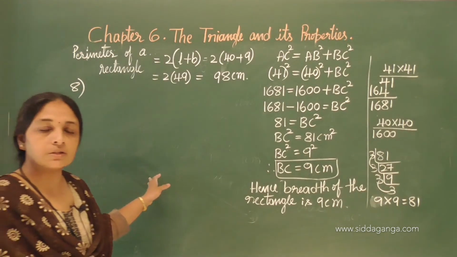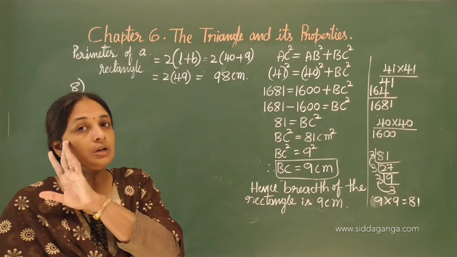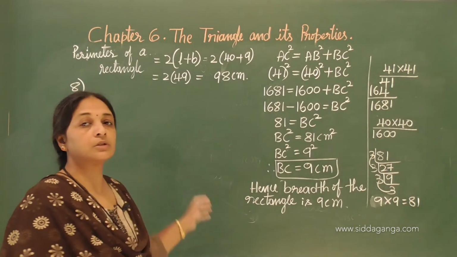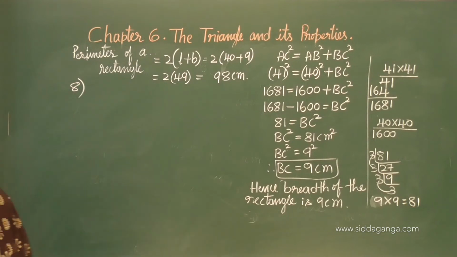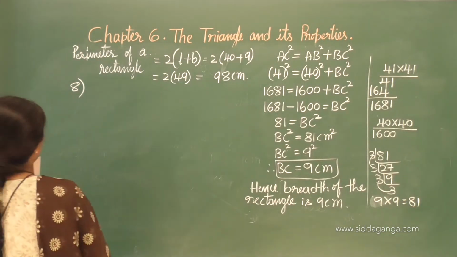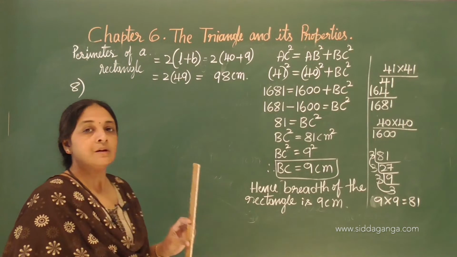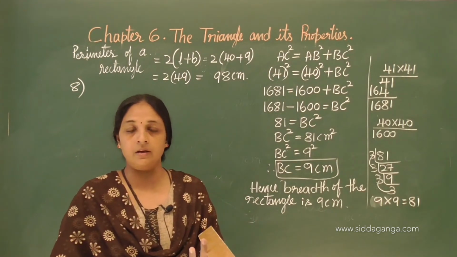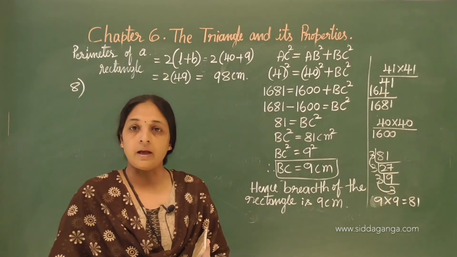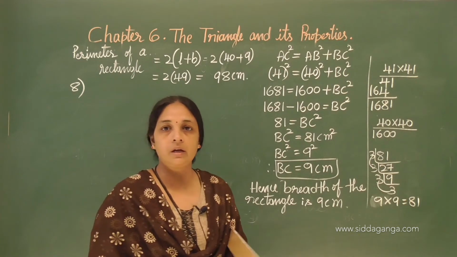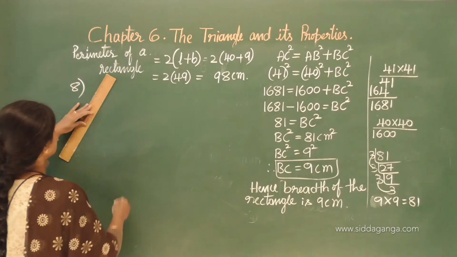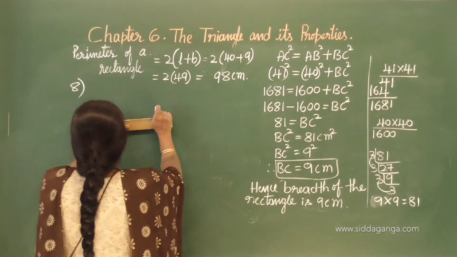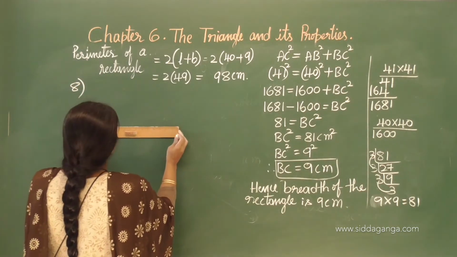Rectangle was also a quadrilateral, and rhombus is also a quadrilateral. These quadrilaterals, like square, rectangle, rhombus, kite, are all special quadrilaterals which have special characteristics.